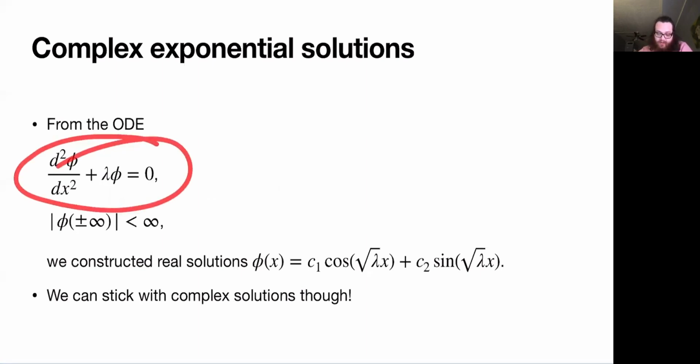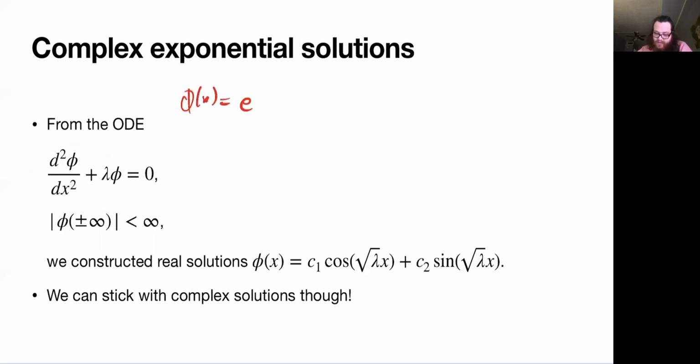Okay. So we can go back, we can start from this ODE, and use that standard technique from ODEs. So if phi of x is e to the rt, this gives us e to the rt times what? r squared plus lambda is 0.